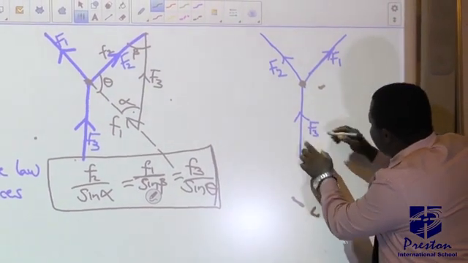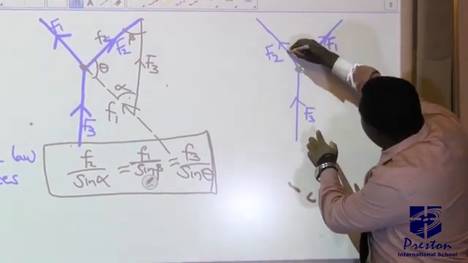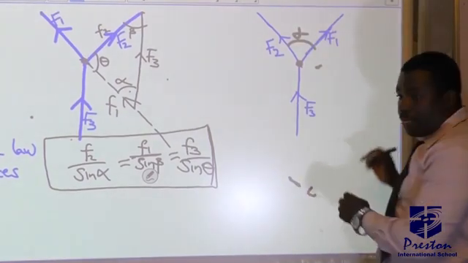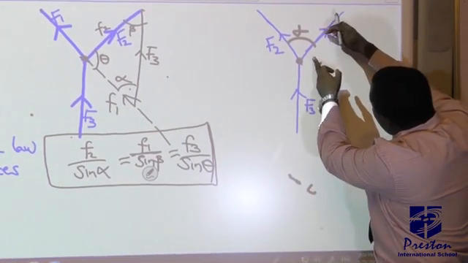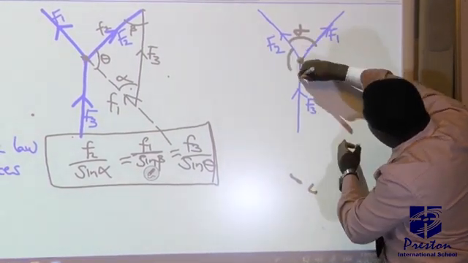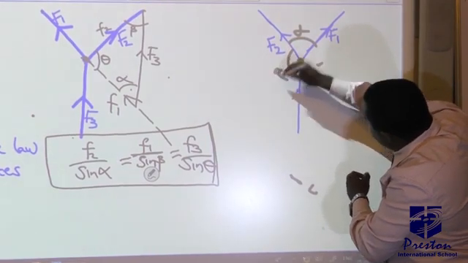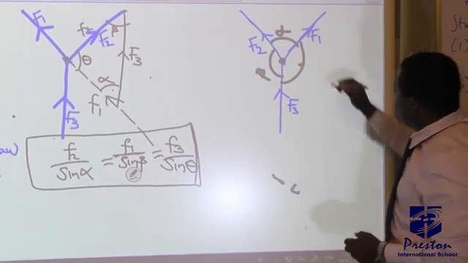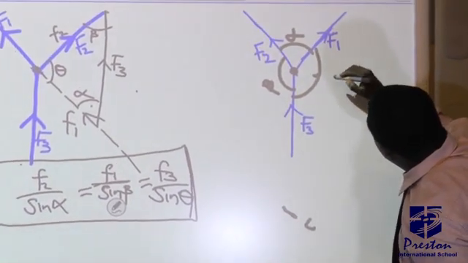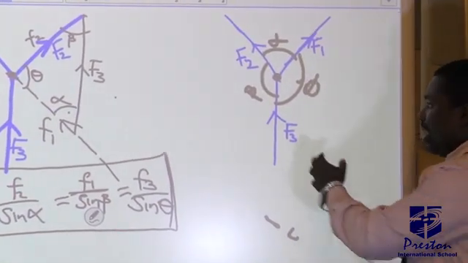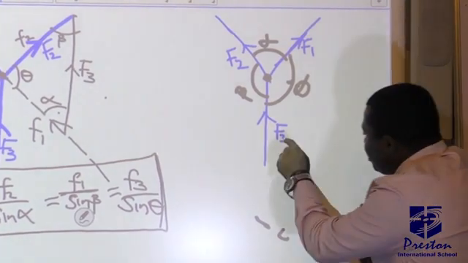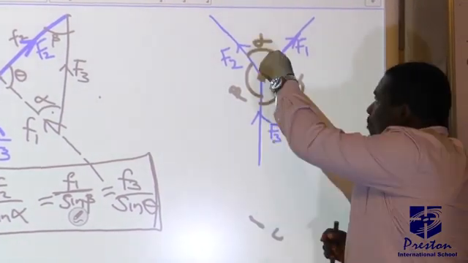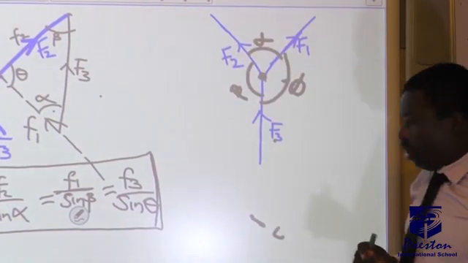Now, the angle facing force 3, let's call it alpha. The angle facing force 1, let's call it beta. And the angle facing force 2, let's call it theta.